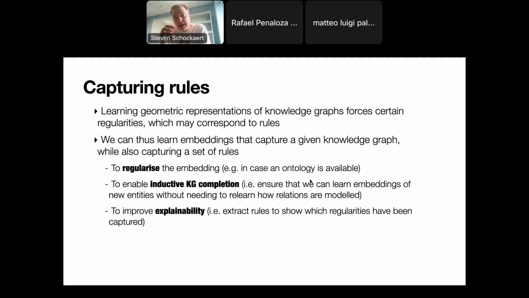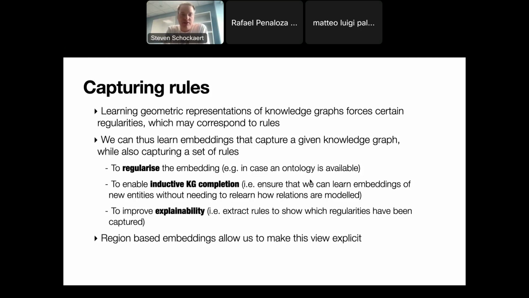If we can really connect knowledge graph embedding models to rules, then that gives us a way to explain what the model has actually learned, by making explicit the rules that are captured by the model. So that's the basic motivation. Now, the problem is that, even though intuitively what these knowledge graph embedding models do has some relationship with rule-based reasoning, we have to make this explicit.